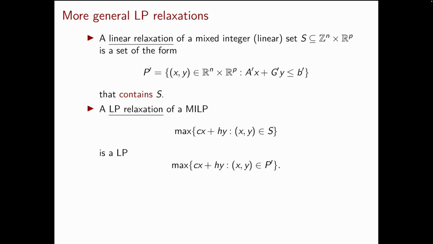The natural linear relaxation is then a special case of the linear relaxation, where the system of linear inequalities is precisely the one that defines the original set S. Similarly, the natural LP relaxation is a special case of a LP relaxation, where the feasible region is the natural linear relaxation of the original set S.